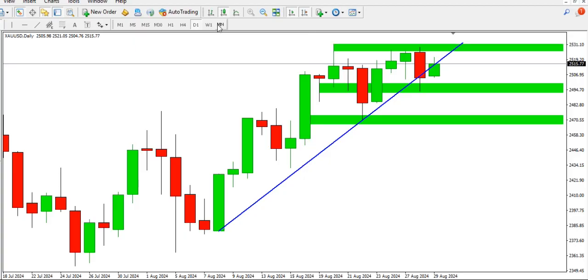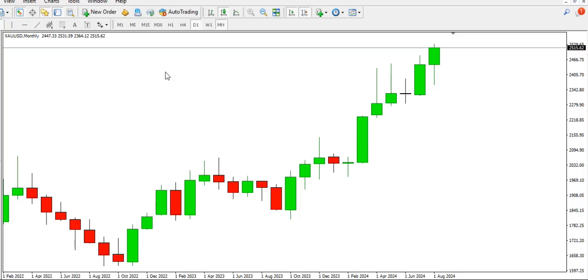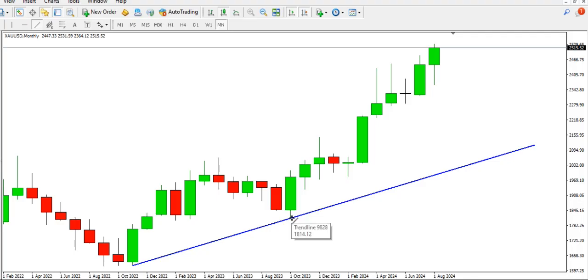Right, let's look at the monthly time frame. On the monthly time frame, we can see that the price of gold is going up, still going up. Looking at the ascending trend line, it is well respected, and price continues to move far away from it. We have another ascending trend line around here on the monthly time frame.